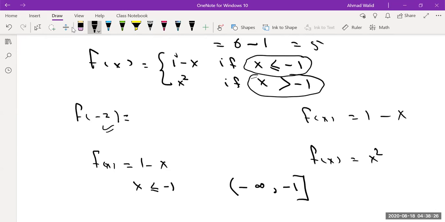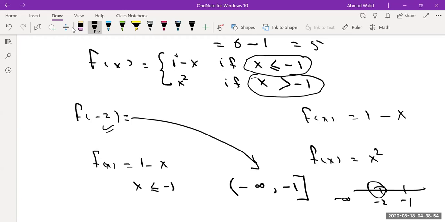That's the meaning of x less than or equal to -1, correct? That's your domain. Now check, is -2 in this set? On the number line, here you have -1, here is -2, and you go to -infinity. You see -2 is in the domain of this function. Then you can plug -2 into this function and evaluate it.